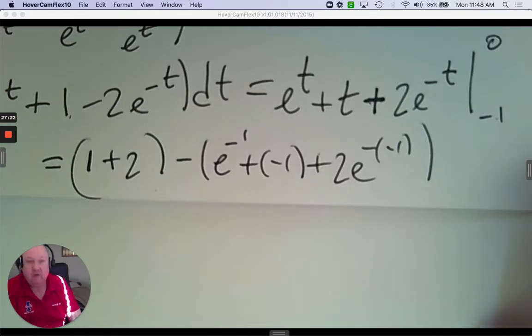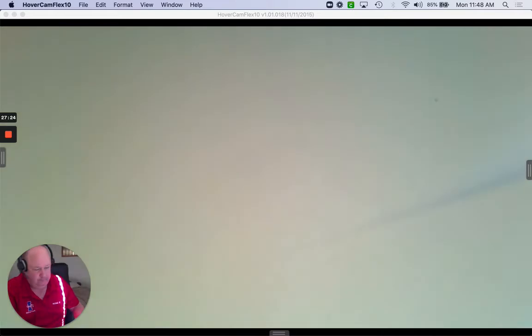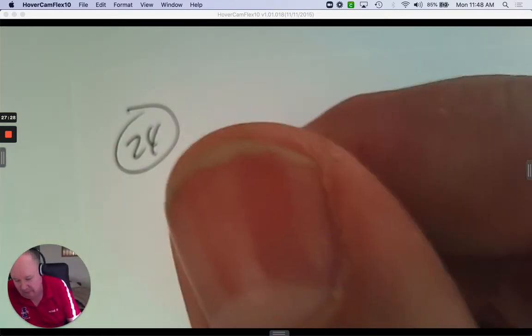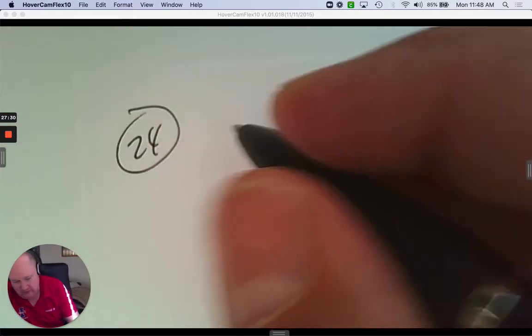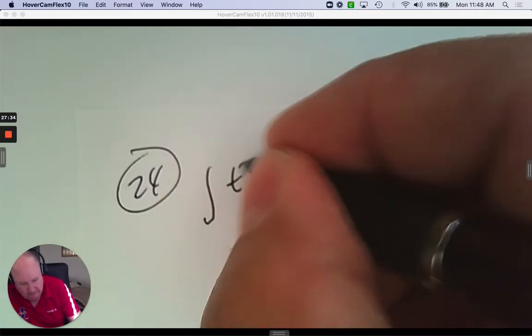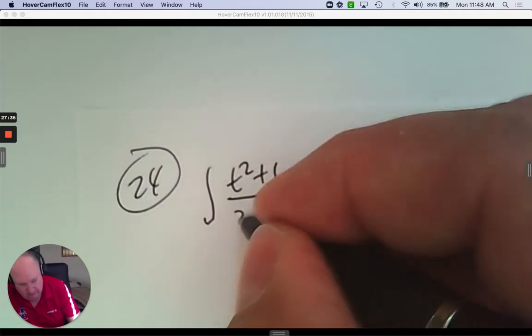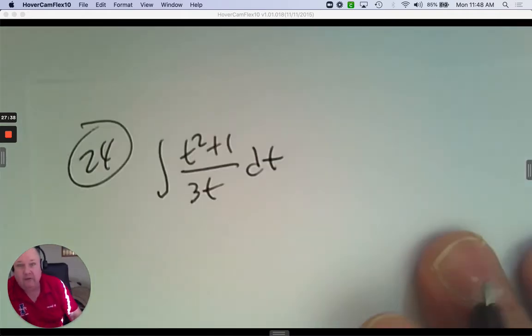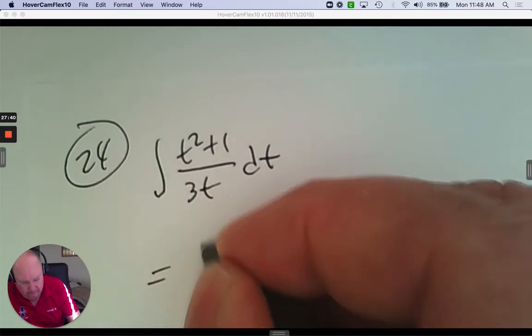All right, number 24. So those were definite integrals, fundamental theorem of calculus, where we do a substitution at the end and subtract. These are now going to be indefinite integrals, where we just need to remember the constant at the end when we integrate. So again, the first thing I notice is a monomial 3t.